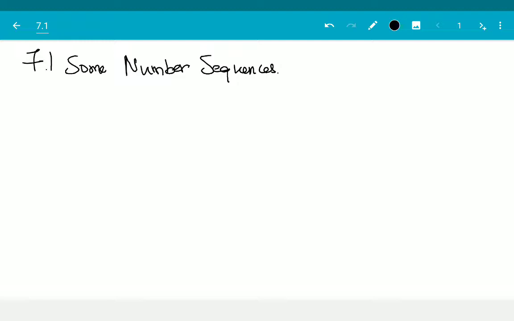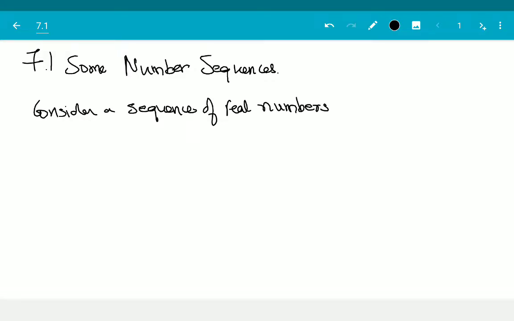Okay, we are going to be mostly caring about sequences of real numbers, which we will denote by a_n. So consider a sequence of real numbers, which will be denoted a_n, n equals 0 to infinity.